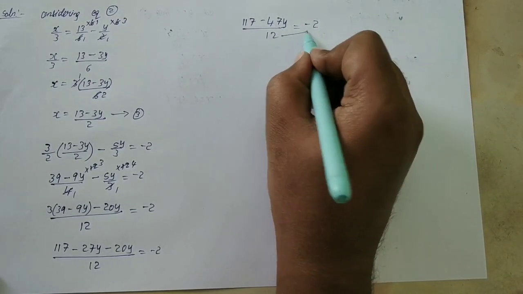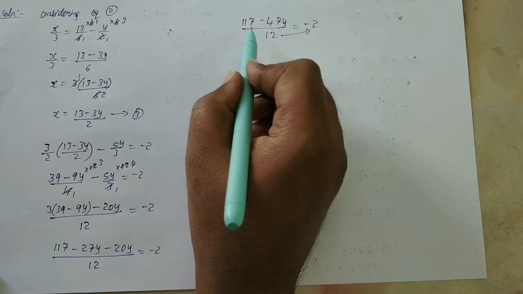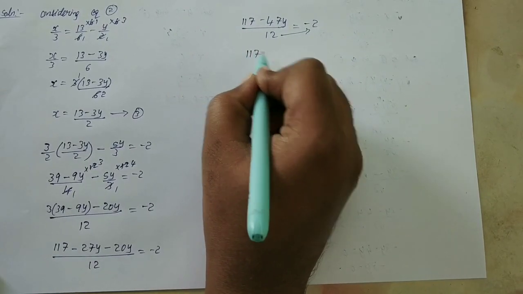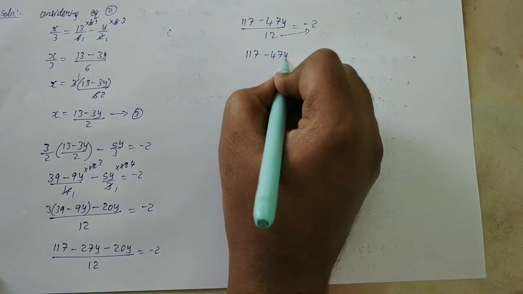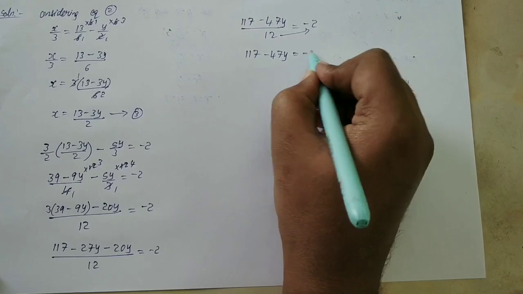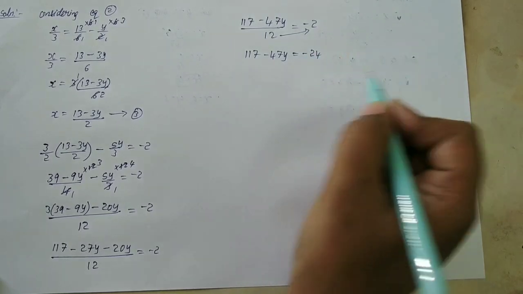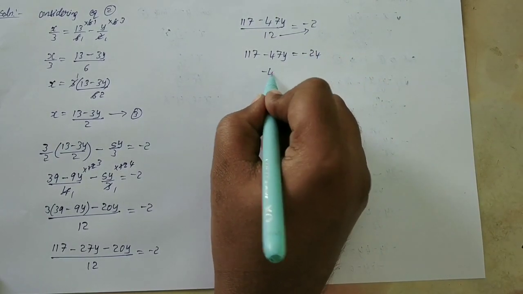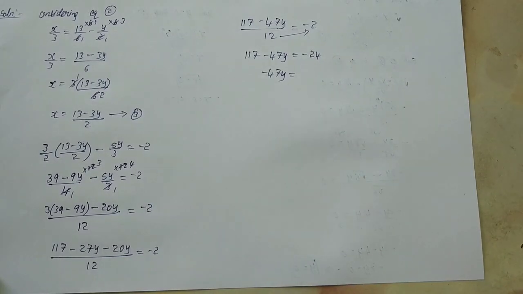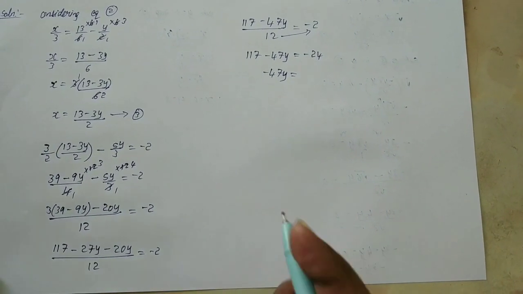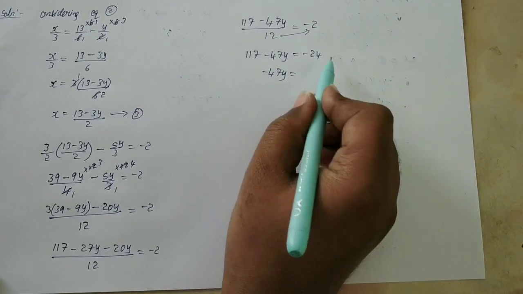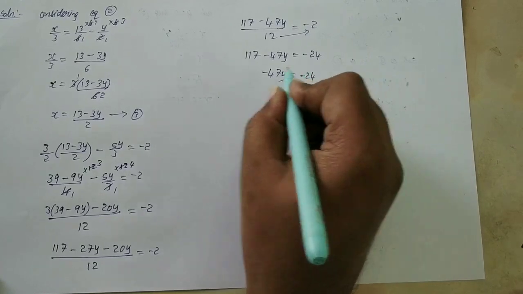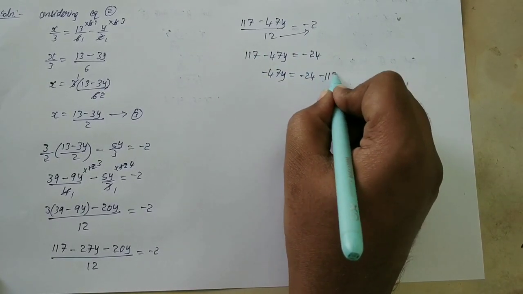Now I will shift 12 to the RHS. So remaining 117 minus 47y as it is. So 12 into minus 2, minus 24, right? So I will keep minus 47y as it is. So I will shift 117 to the RHS. So minus 24 as it is, 117 will become minus 117.